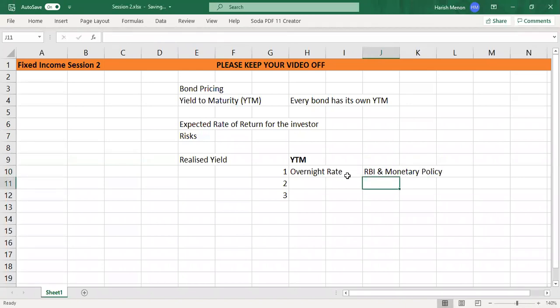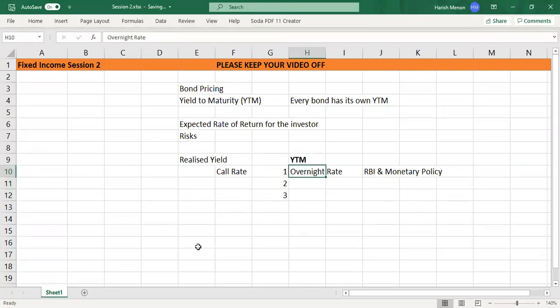So when we say monetary policy, they are trying to figure out what should be the overnight rate. The benchmark could be the call rate. If you know, there is something called the call rate in the money market. Anybody who has seen the market will know this is the 1 day interest rate. So what is the 1 day interest rate is what we are trying to figure out first.